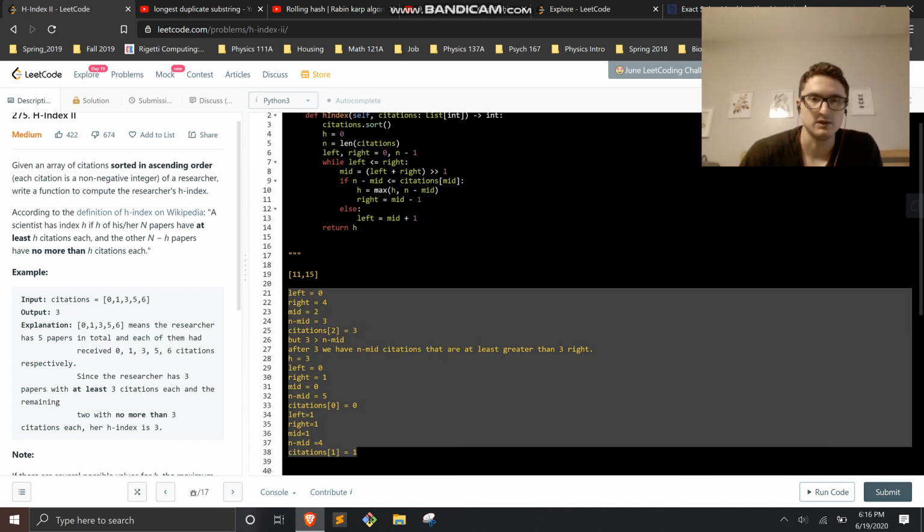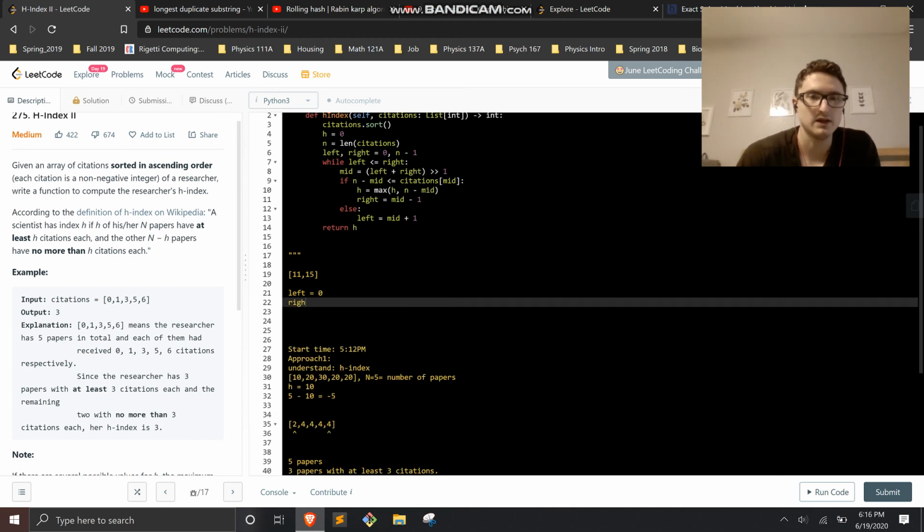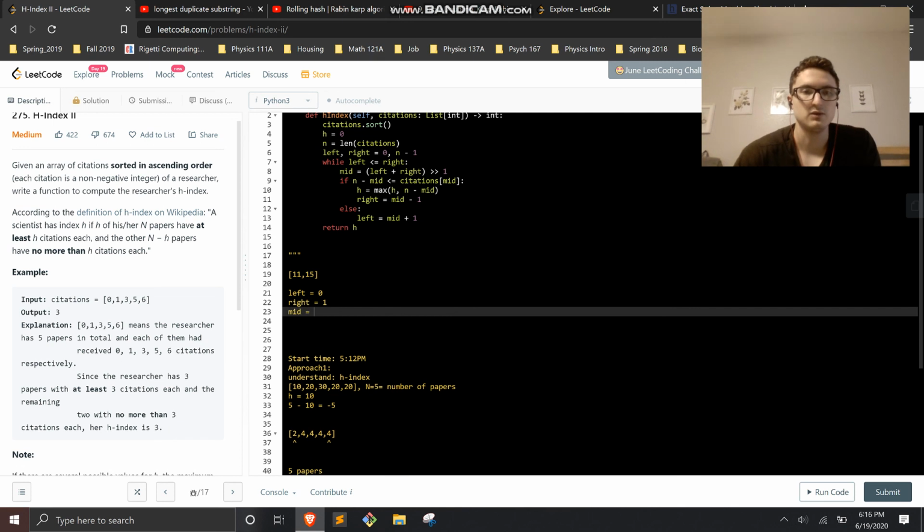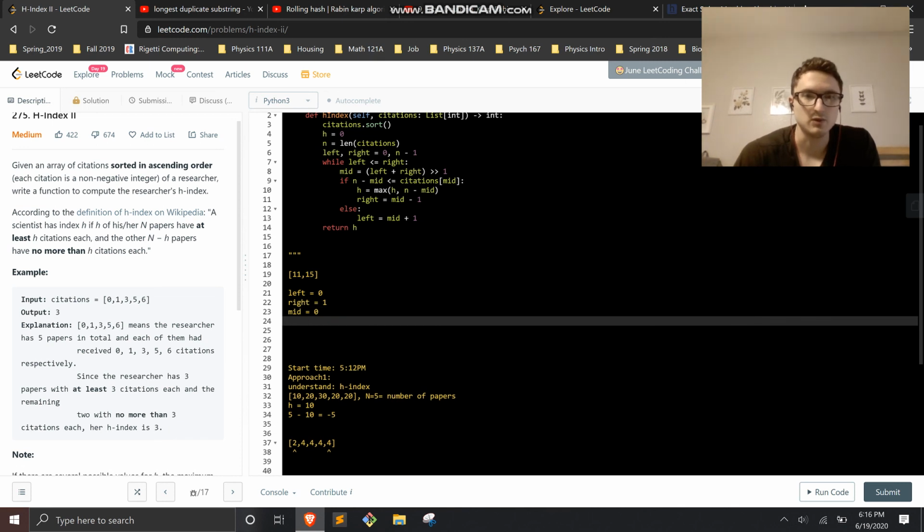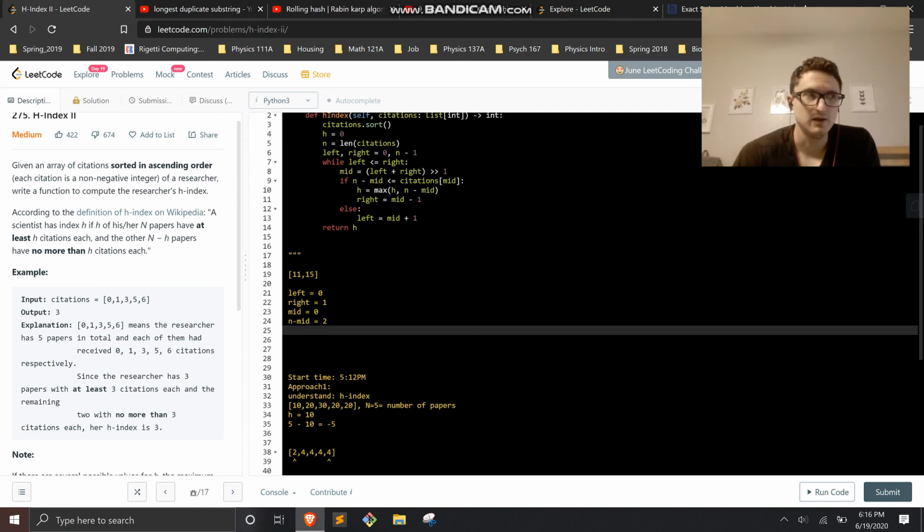Okay, so left is equal to 0, right is equal to 1, mid is equal to 0. So let's see what happens. So n minus mid is equal to 2. Right, so the length minus the mid is 2. And then we say citations mid is equal to 11, right?